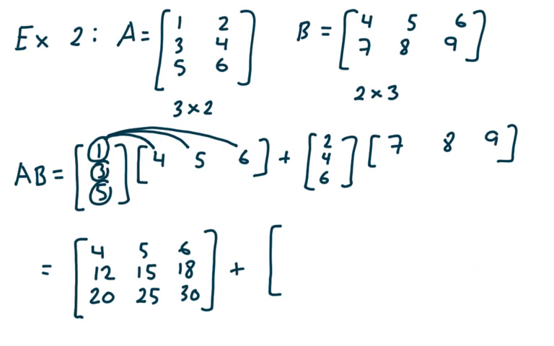And then I'm going to do the same thing for the second product. We'll leave this alone for the minute, right? 2 times 7 is 14. 2 times 8 is 16. 2 times 9 is 18. 4 times 7 is 28. 4 times 8 is 32. 4 times 9 is 36. 6 times 7, right?